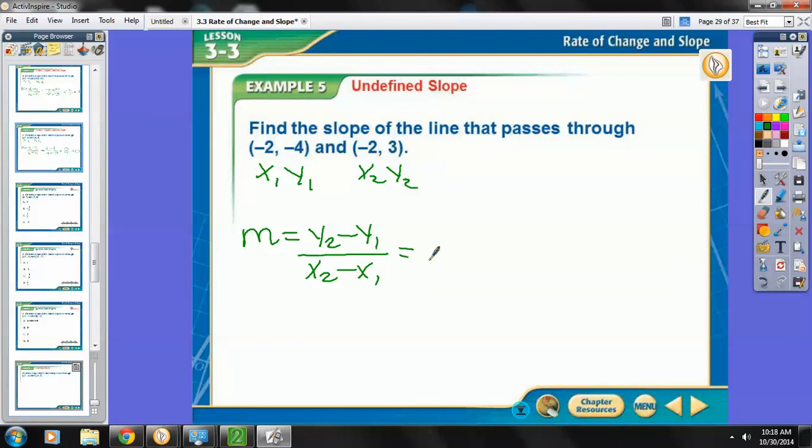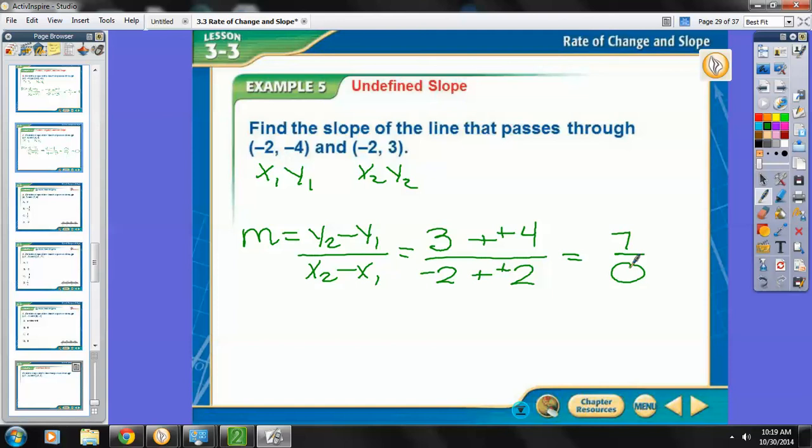So y sub 2 is 3 minus y sub 1, -4, divided by x sub 2, -2, minus x sub 1, also -2. So it looks like we have 7 divided by 0. This time we have 0 in the denominator.